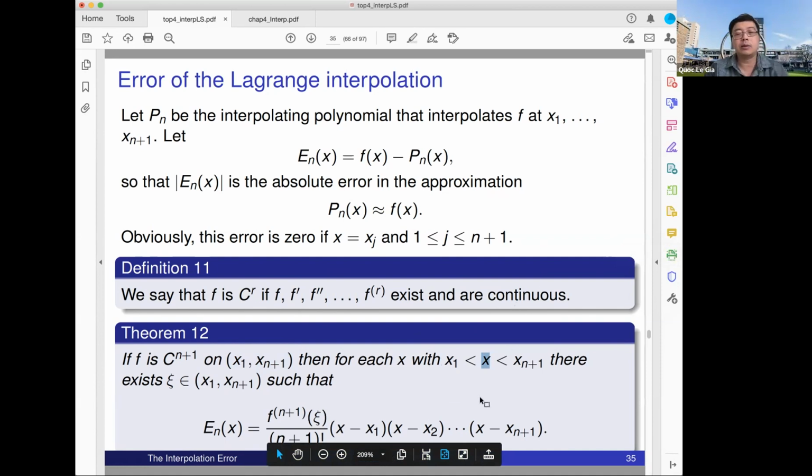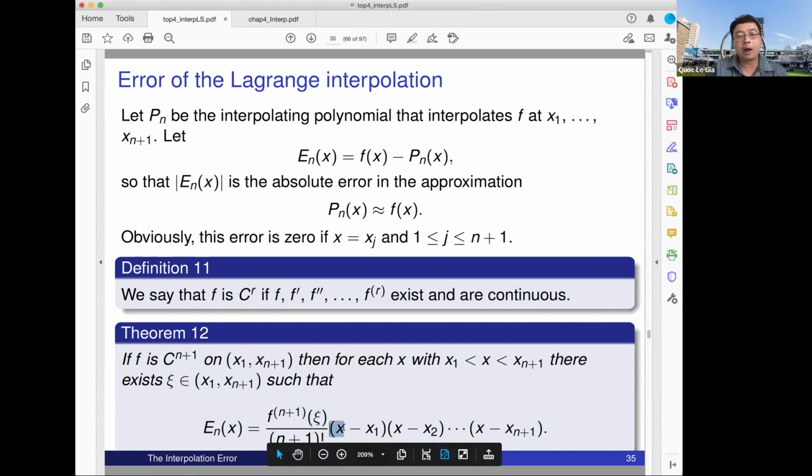Here you notice that xi is just some unknown number, but this unknown number is in the interval x1 up to xn plus 1, divided by n plus 1 factorial.